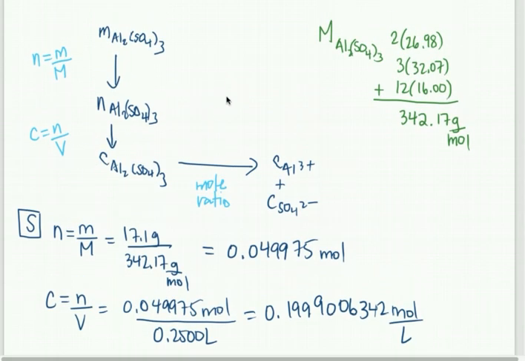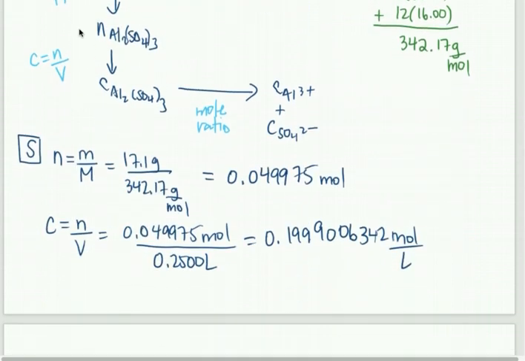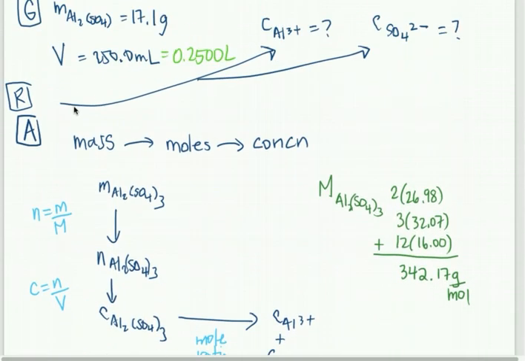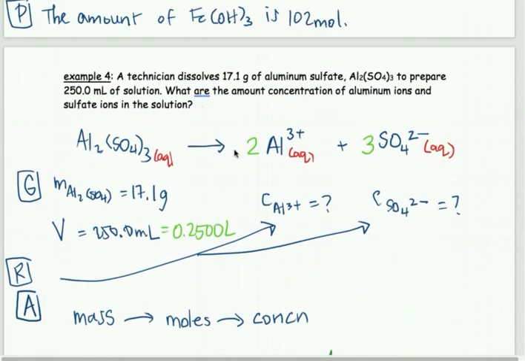So now we're going to use the mole ratio in order to figure out the concentration of the ions there. We're going to start with the first one, just the aluminum. Aluminum sulfate compared to the aluminum ion is a 1:2 ratio.